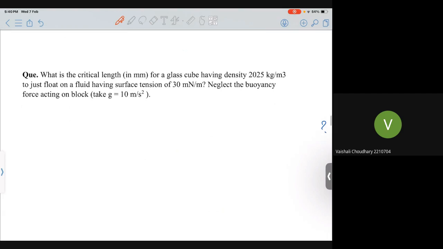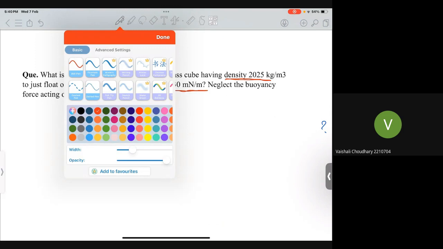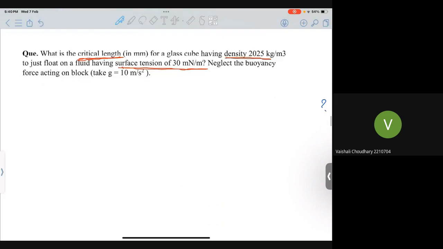So in this question, we have to calculate the critical length, and they have given the surface tension and the density. So we'll start the problem.